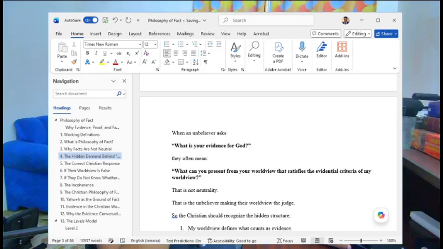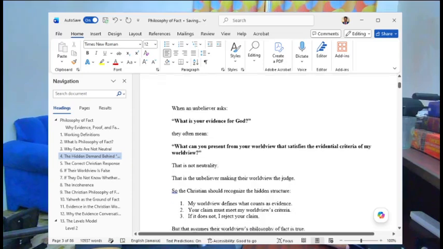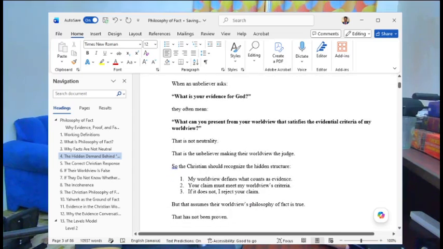That's what they mean, guys. Every time they ask you for evidence, what they're really asking you is, what can you present from your worldview that satisfies the evidential criteria of my worldview? That is not neutrality. That is the unbeliever making their worldview the judge.